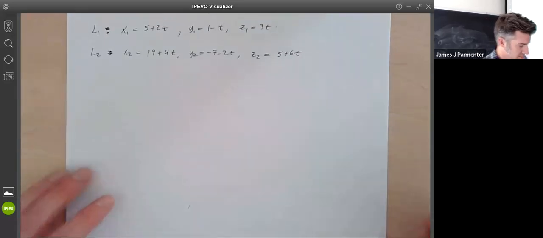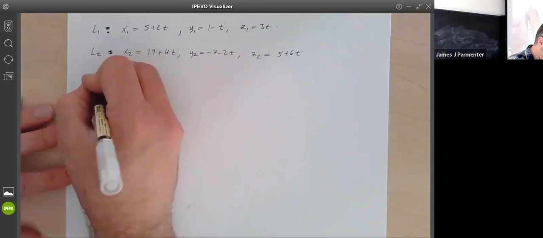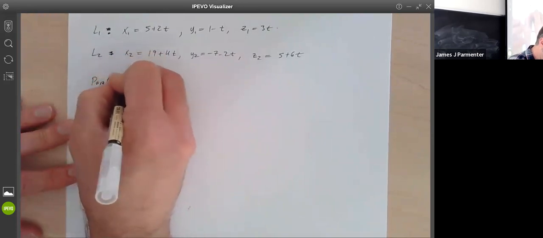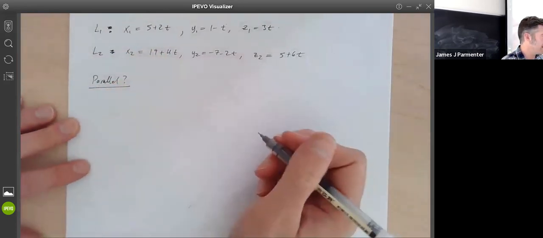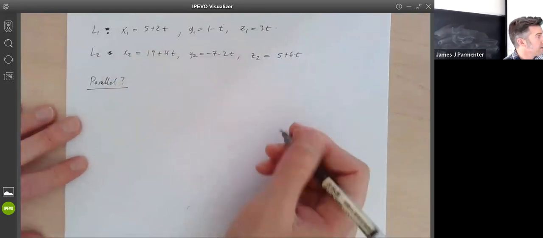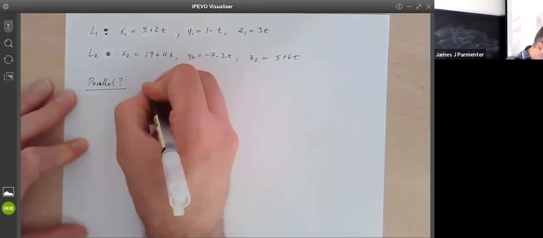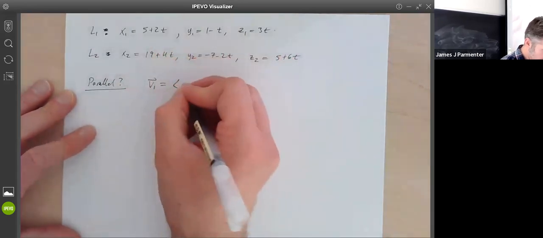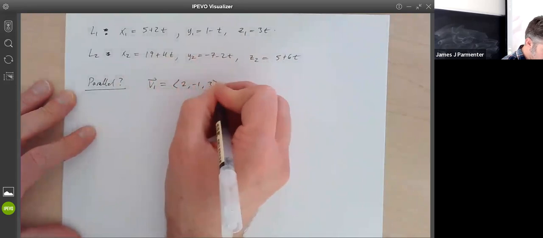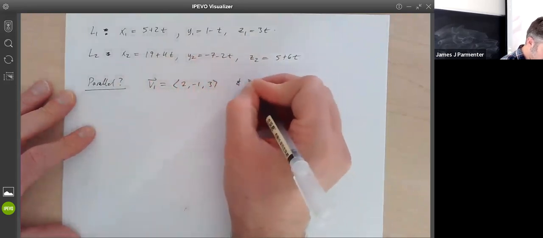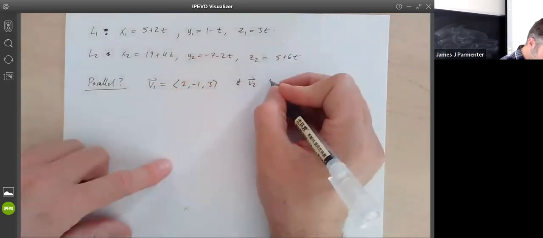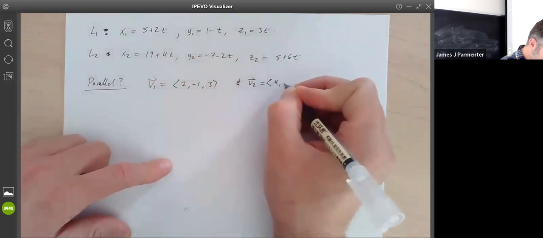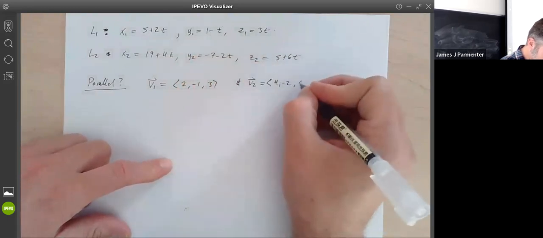So, are they parallel? Well, since I didn't start by saying they're not parallel, probably, but let's check. The first line has a direction vector of 2, -1, 3. And the second line has a direction vector of 4, -2, 6.